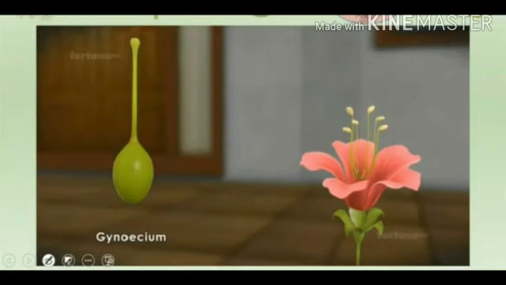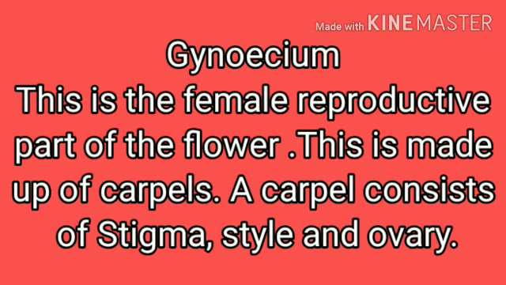Now we will see gynoecium. This is the female reproductive part of the flower. This is made up of carpels. A carpel consists of stigma, style and ovary.